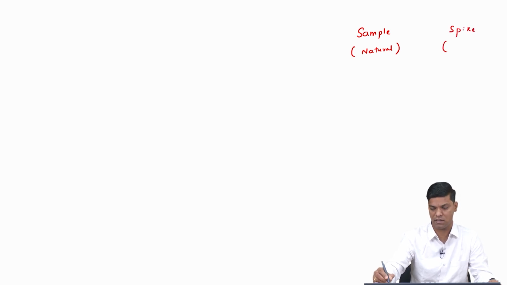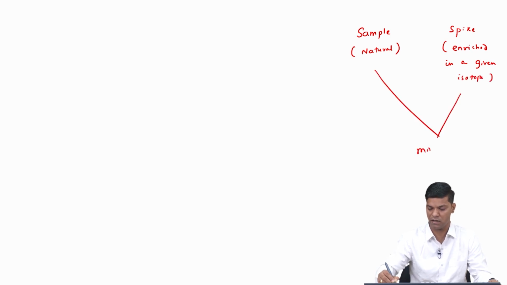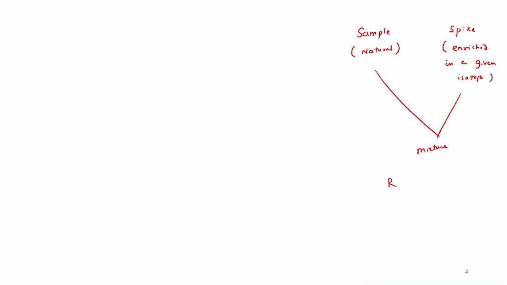This spike is enriched in a given isotope, and a mixture is created, and you are measuring the isotope ratio, let us say Rm, which is A by B. A is one isotope, B is another, like 87 strontium is A here, 86 strontium is B here.